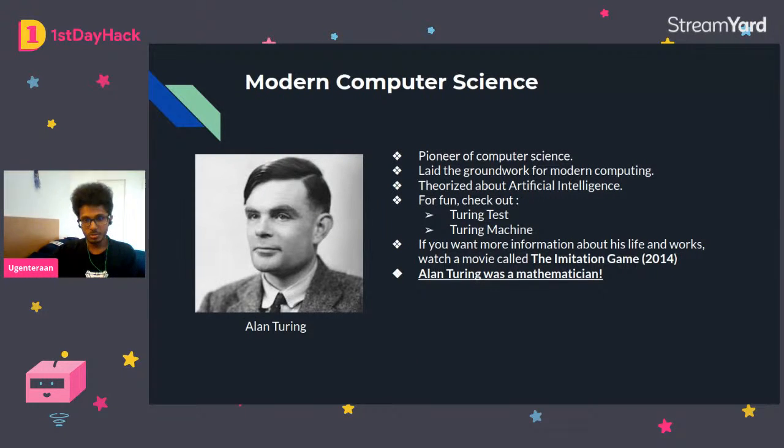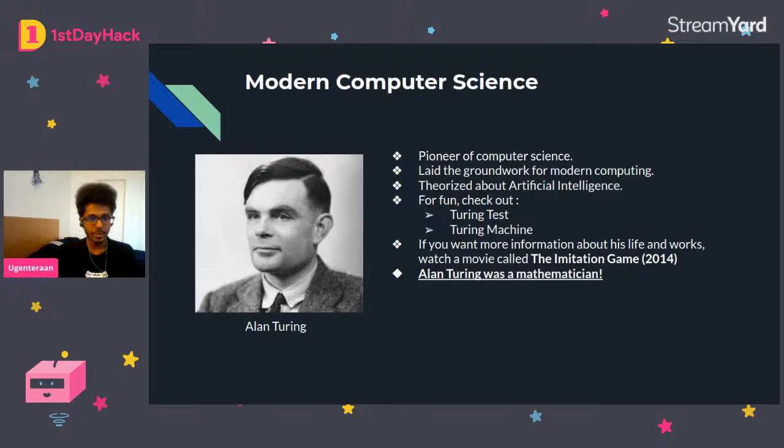As you all know, computers actually existed way before the modern computer science that we use now, but they probably don't fall into the category of computers for you. They were very simple machines back then. The first modern computer was pioneered by someone called Alan Turing.